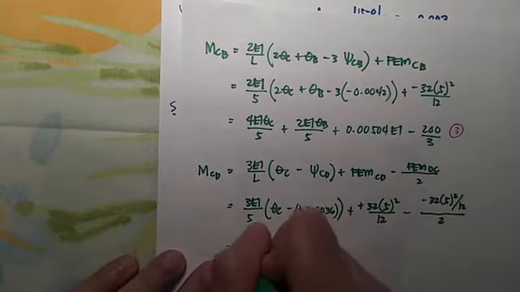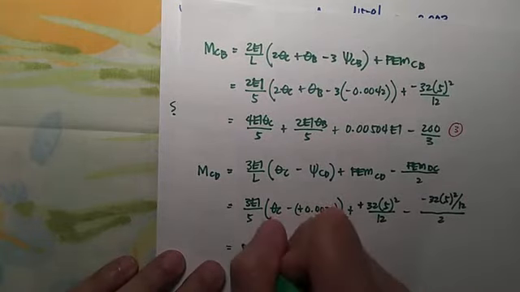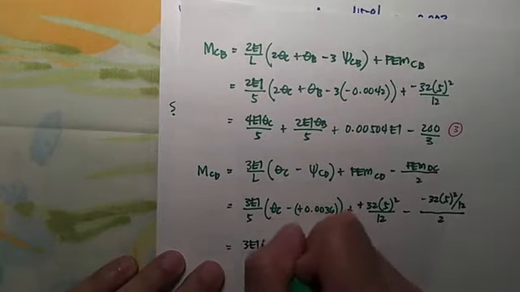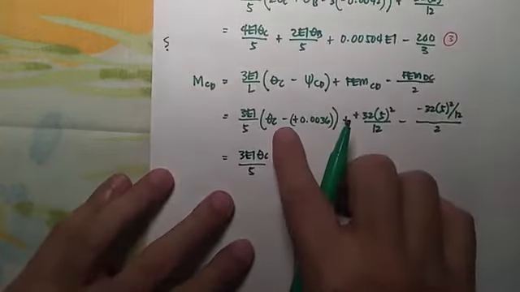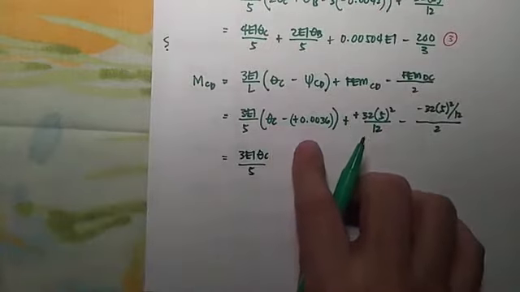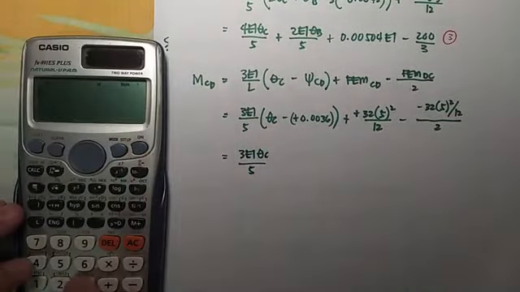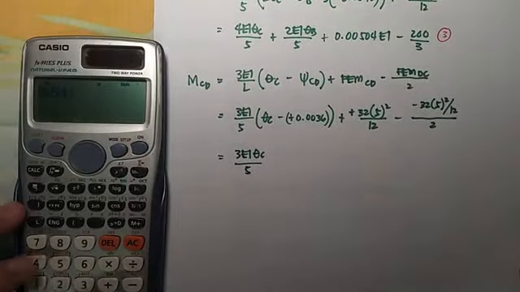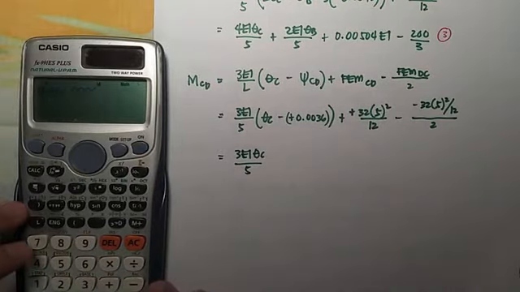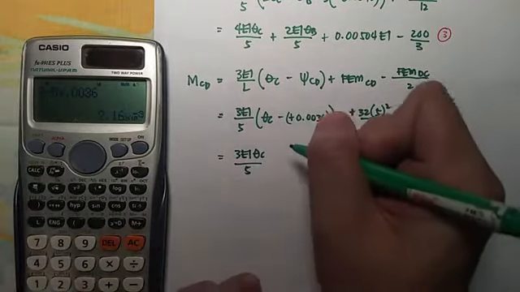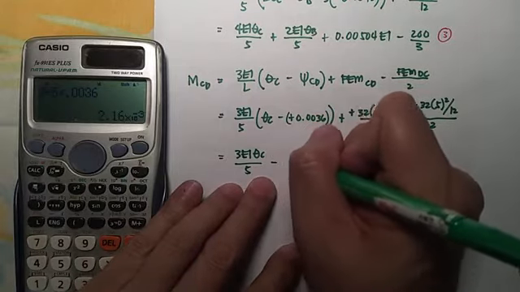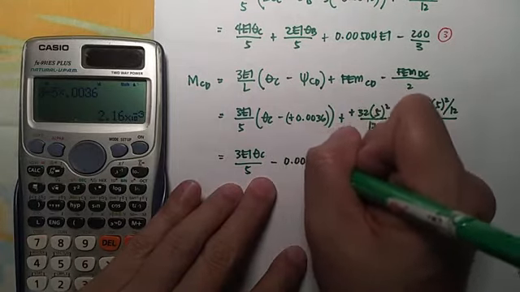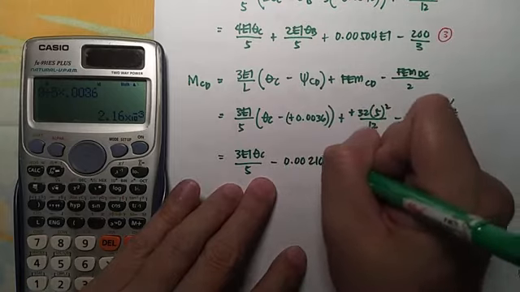So, simplifying this one, this becomes 3EI theta C over 5. Okay. Then, 3 over 5 times 0.0036. So, we got minus 0.00216 of EI.